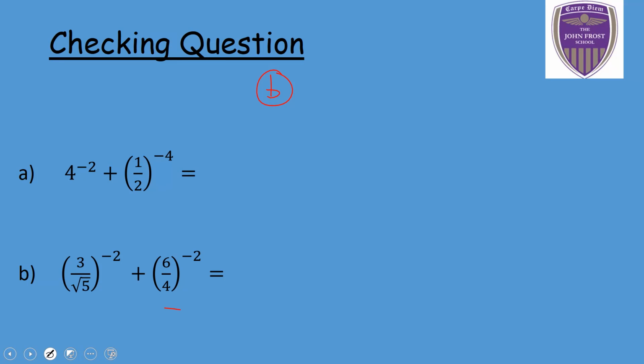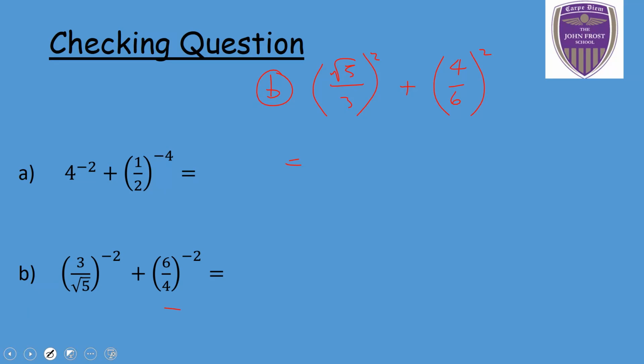So first thing, we're going to invert that fraction. So we've got root 5 over 3 squared, plus we're going to invert this one as well. So we've got 4 over 6 squared.